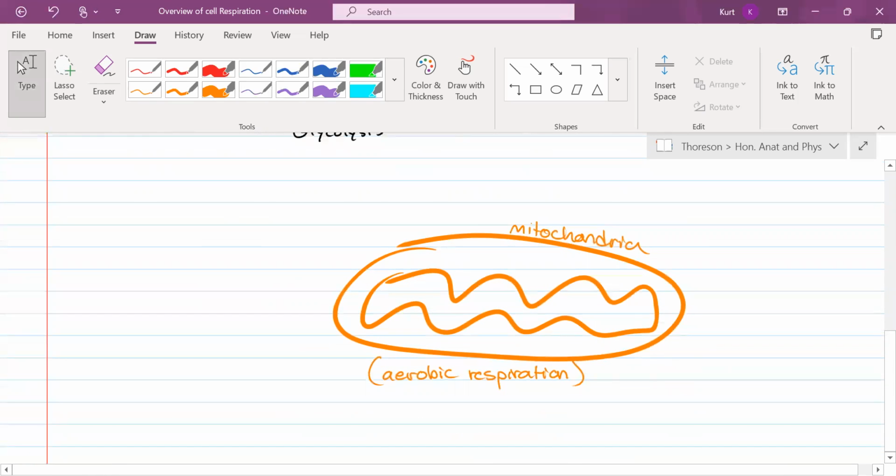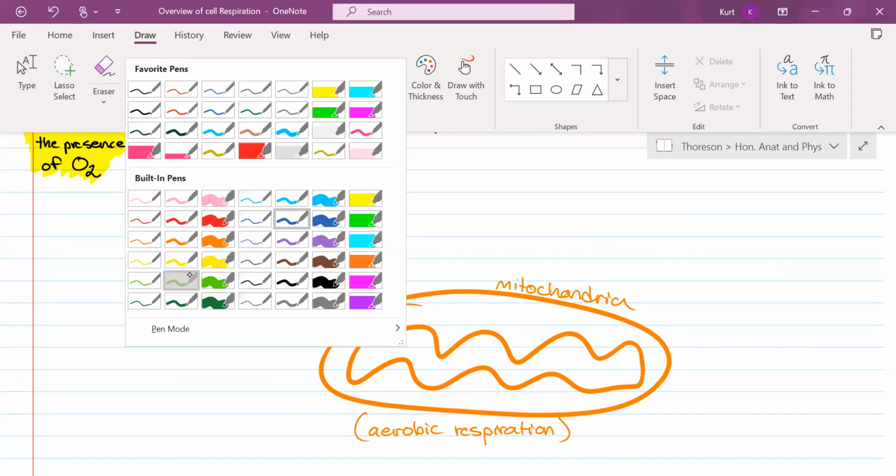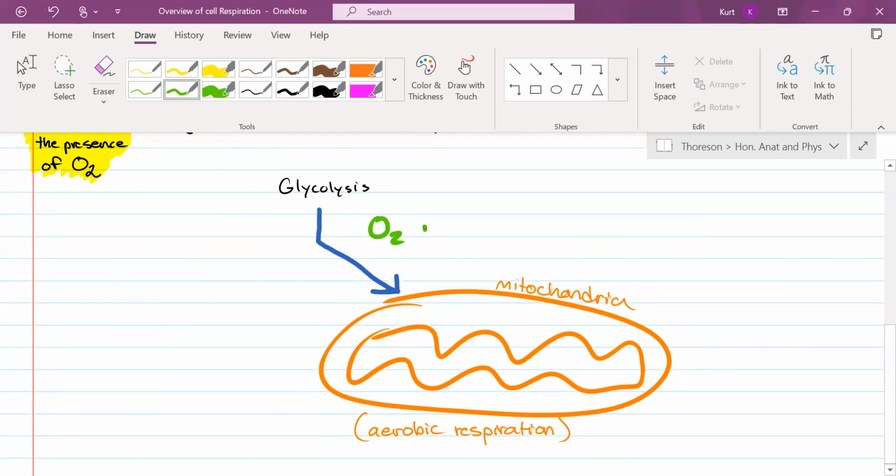So based on that name, aerobic respiration, is there oxygen in the mitochondria? Yes, there is. And when you actually perform aerobic respiration, when you have glycolysis and you take this path, this means that you do have oxygen. Oxygen is present.